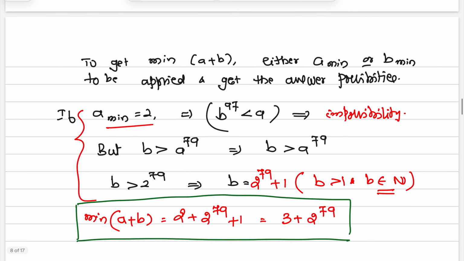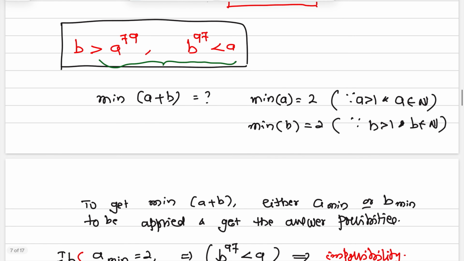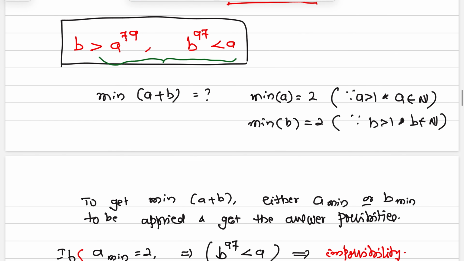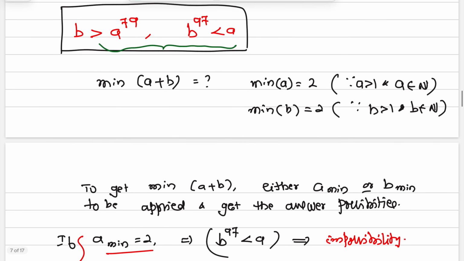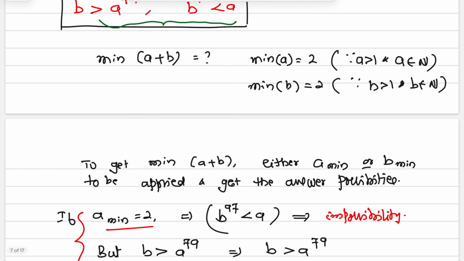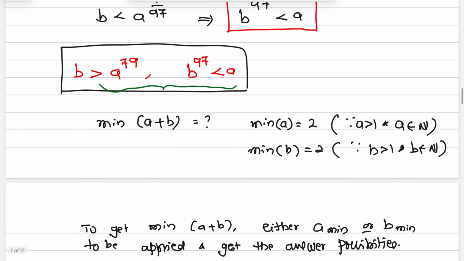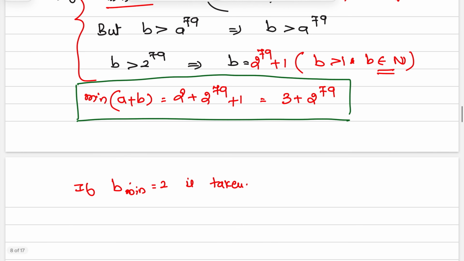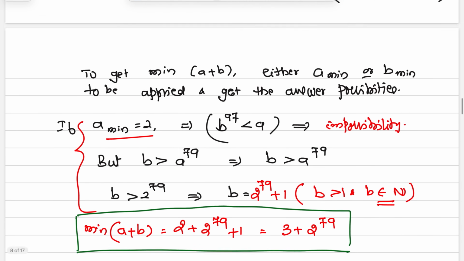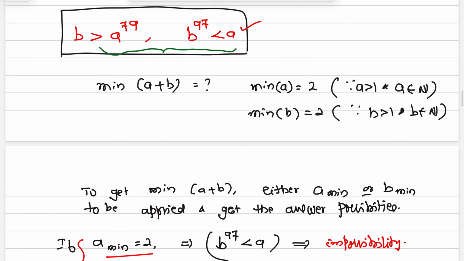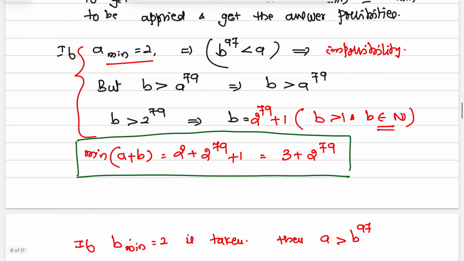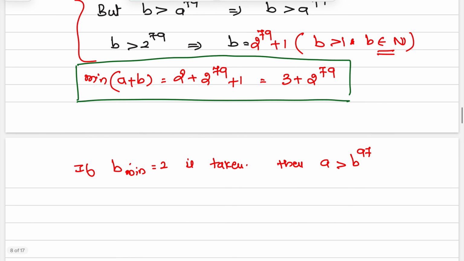This will apply. b is greater than a to the power of 79 and a is greater than b to the power of 97. This is the possibility, from the similar discussions we had earlier.